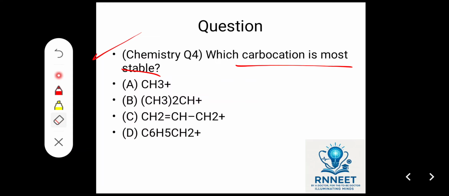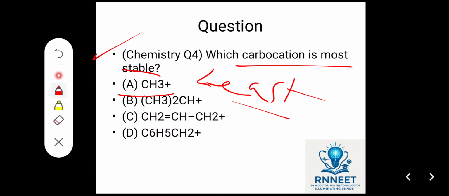You have the methyl carbocation. The methyl carbocation consists of a single carbon with a single plus, and it does not have any electron donor. This particular one is the least stable. Correct? So the methyl carbocation is the least stable.